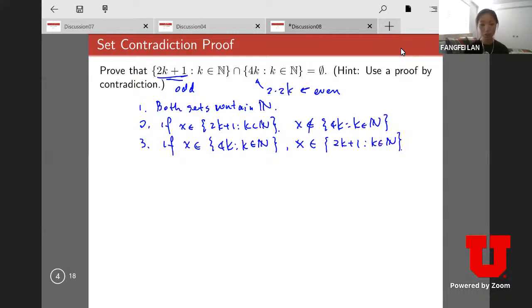This should be structured enough to prove that if it's in the second, it's not in the first, and if it's in the first, it's not in the second. So there is no intersection. You cannot be in both at the same time. I think that is a structured proof to show that the intersection is empty. It's an element-wise proof, just like what we've done so far.